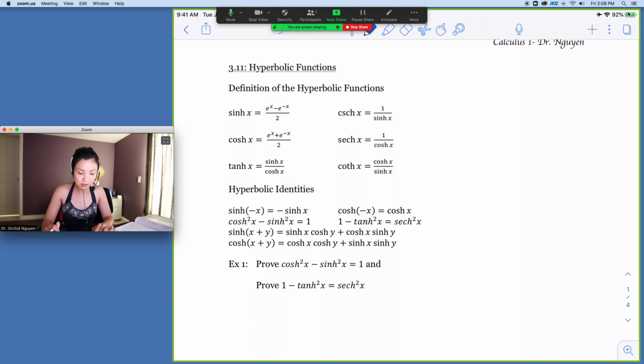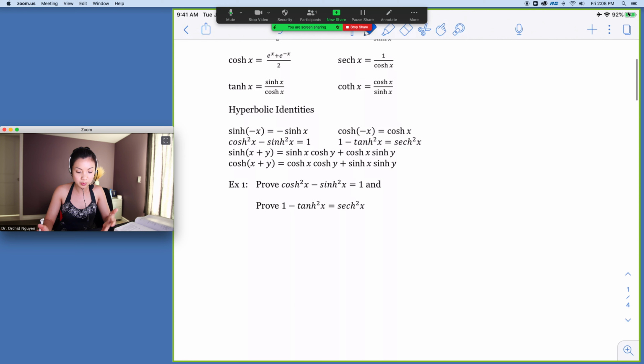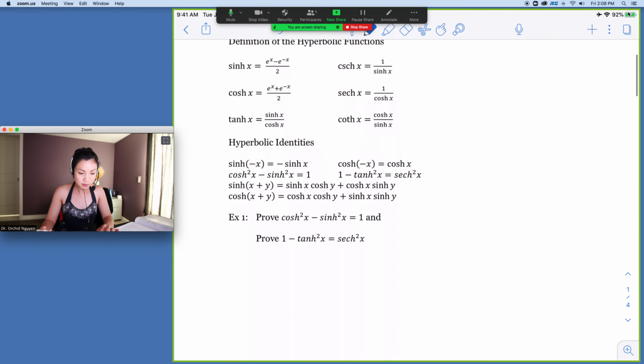Okay, let's take a look at example one. We want to prove that identity. I'm just going to use the definition to do it. Let me just copy it.